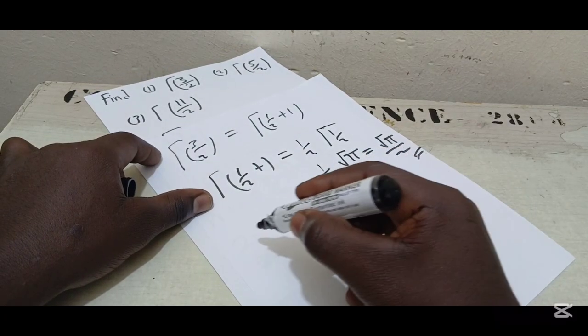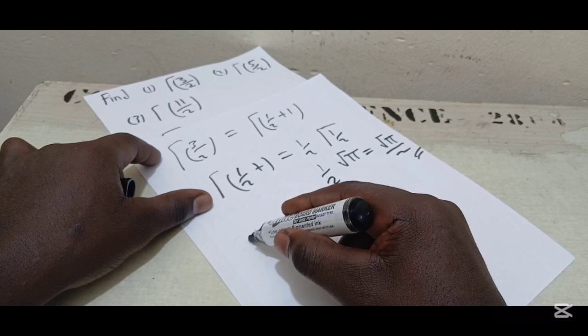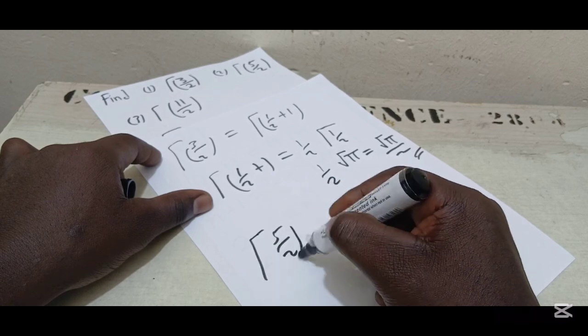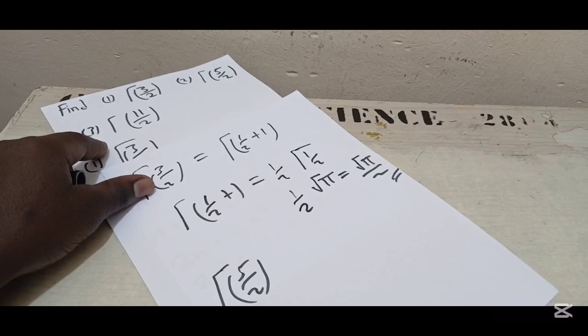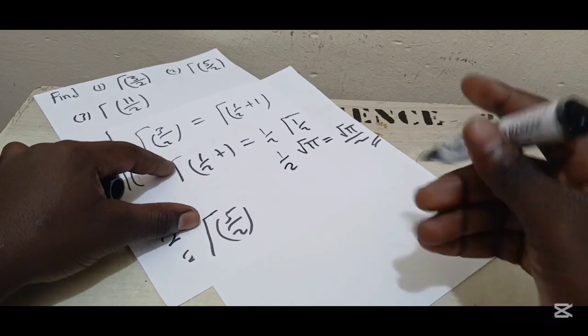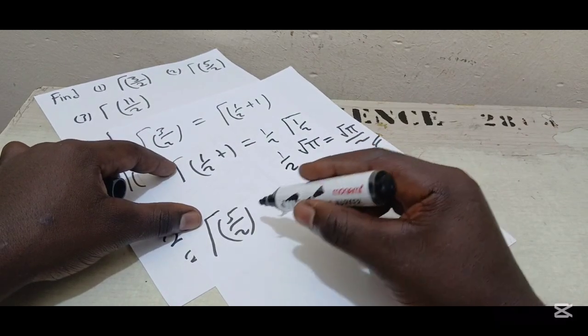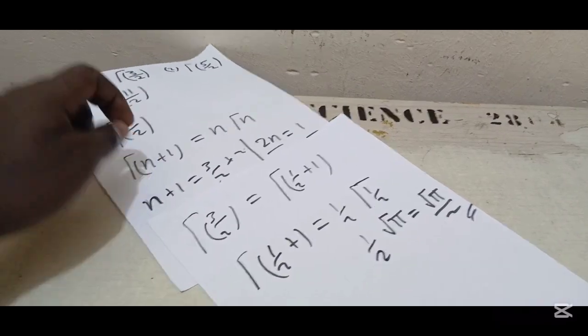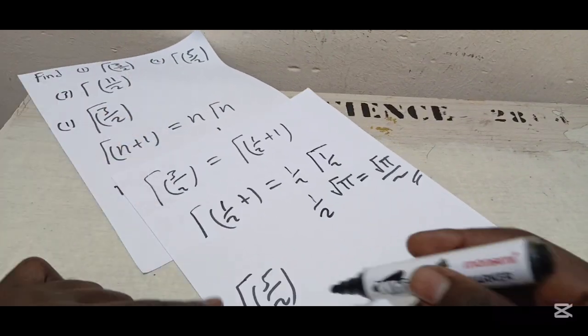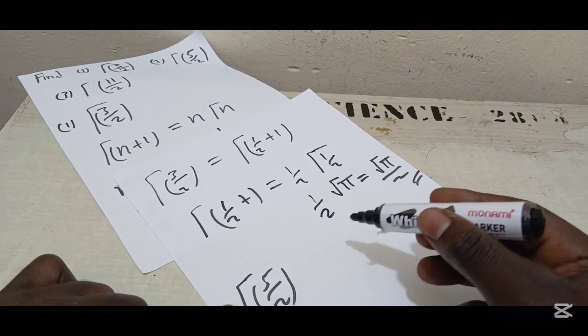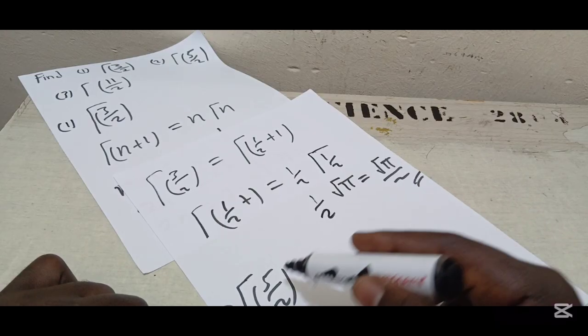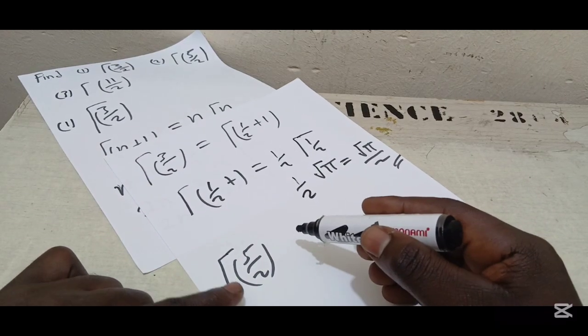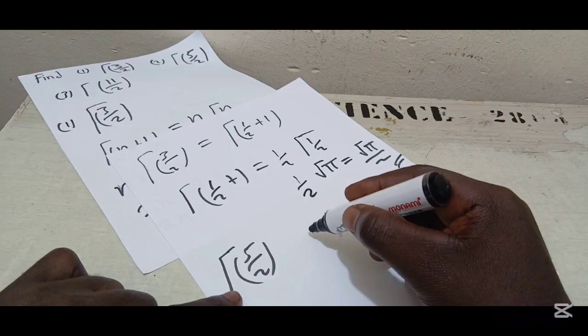So now example number 2, find gamma 5 on 2. How do we solve this problem? Don't forget that it's a fraction, so we are definitely going to use a formula like this. We are looking for some number that we add 1 to, and it will give us 5 on 2. What number can we add?